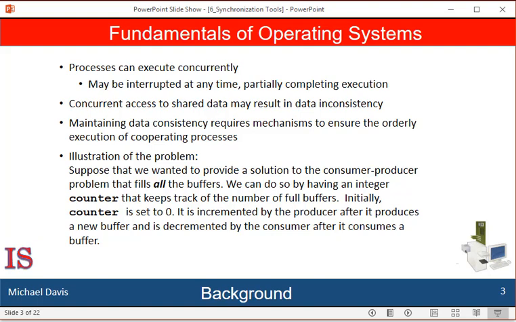Concurrent execution means that one process may only partially complete execution before another process is scheduled. In fact, a process may be interrupted at any point, and the CPU may be assigned to another process.